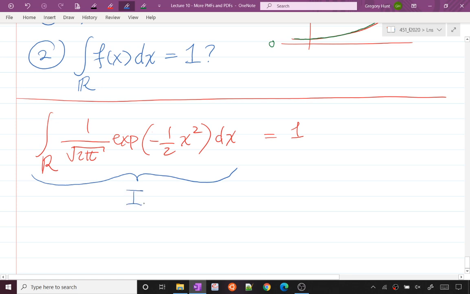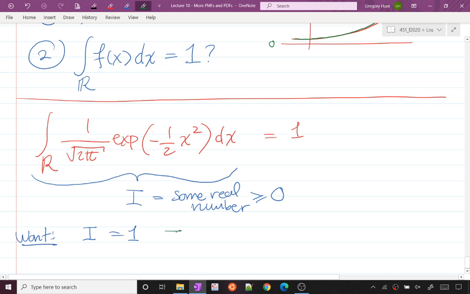So let's call the value I, for integral. It's some real number. And because f is positive, it's going to be a positive number. And whatever the value of this thing is, I want to show that the value of this integral is 1.